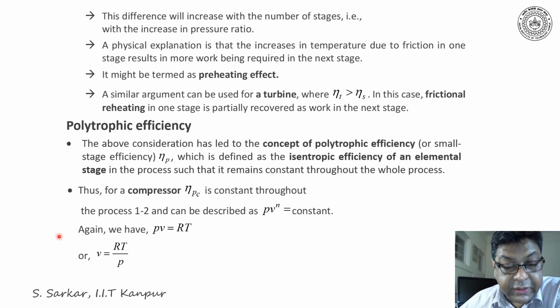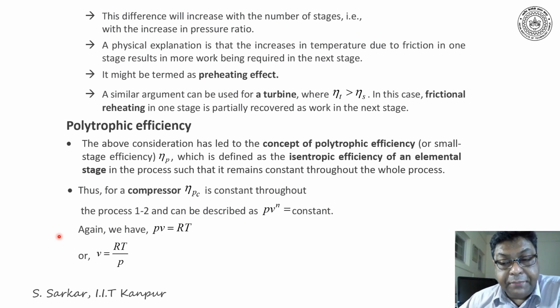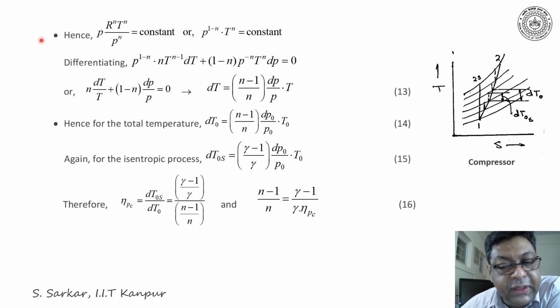Further, if I consider the gas as ideal, I can write PV equals RT, thus V equals RT by P. Now substituting V from the ideal gas relation into the polytropic process PV^n, I get P R^n T^n divided by P^n equals constant, which can be put in the form P^(1-n) T^n equals constant.